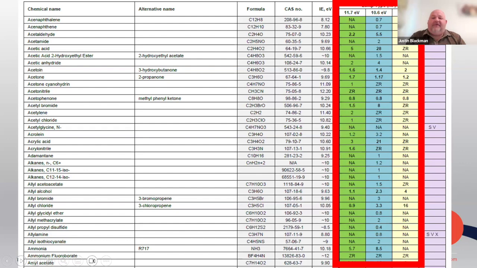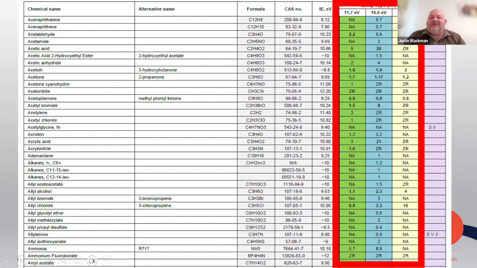Now, if a response factor is shown as being 5 or lower, that means it's very nice and able to be used with any of our lamps and still get measurement down to parts per billion level.